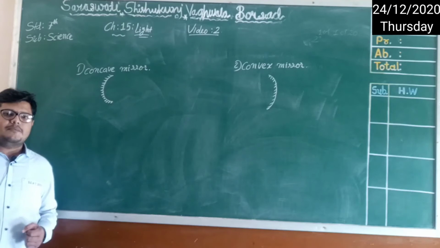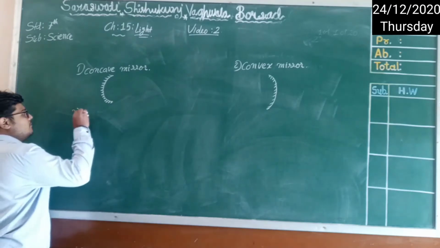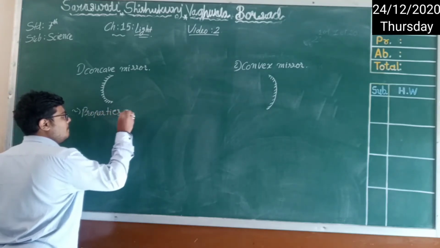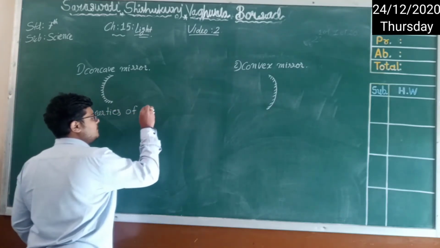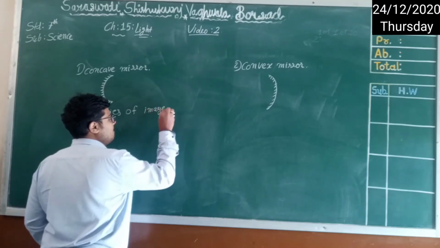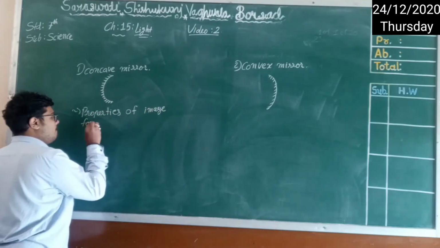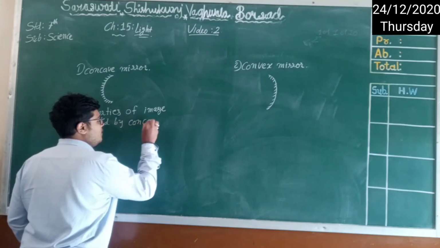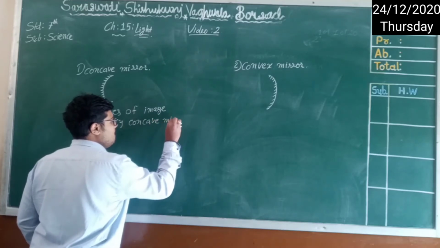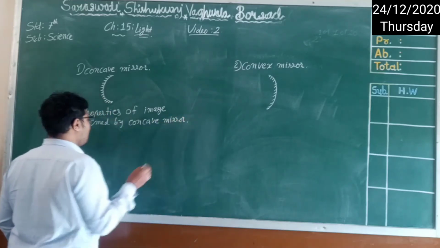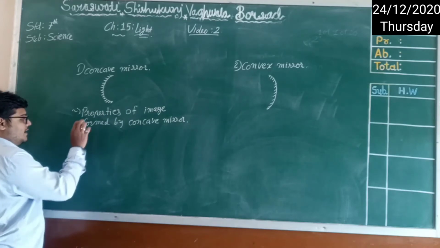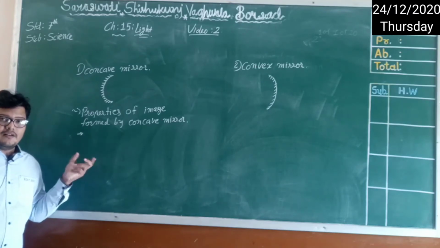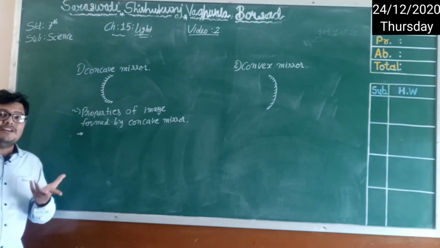Properties of image formed by concave mirror. So what kind of properties are there? Here the image formed by a concave mirror can be real or virtual.